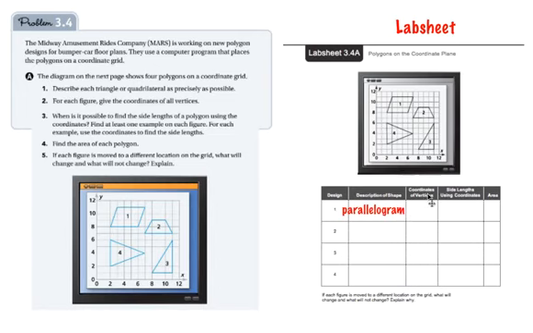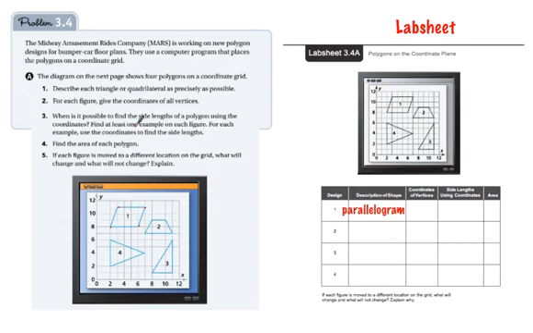Then it's asking you for the coordinates of the vertices. This is what we just practiced. You are going to give me the coordinates for all 4 of the vertices. Then they want to know the side lengths using your coordinates. How long are those sides? And then you're going to find the area. Keep in mind, you should have a formula for finding your area. You're going to do this for each of the 4 figures.